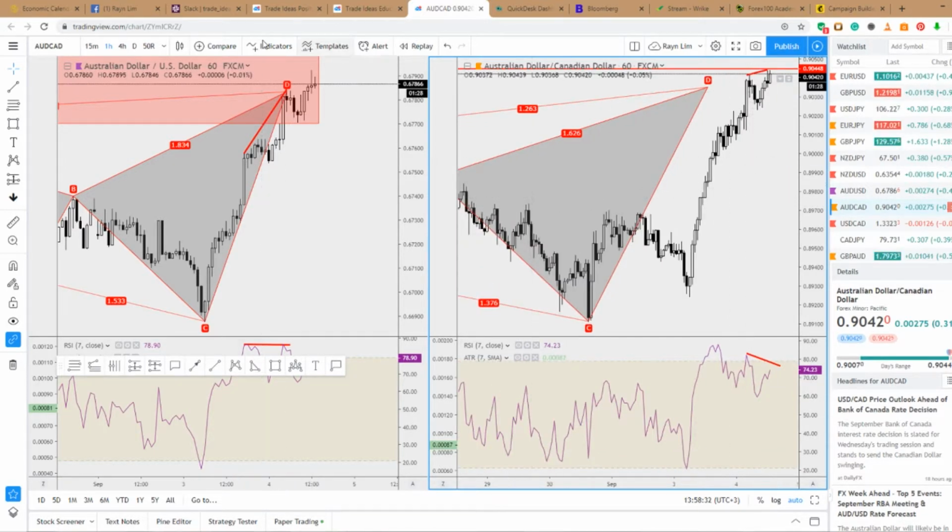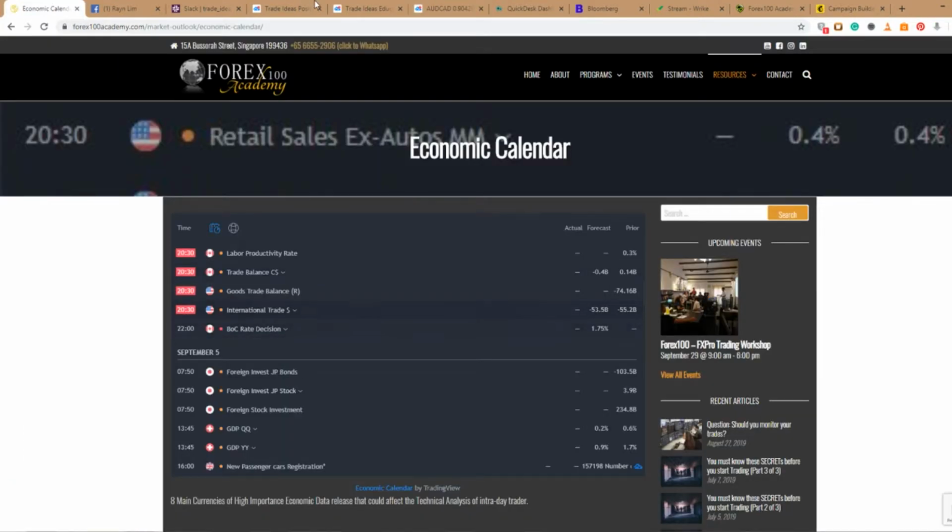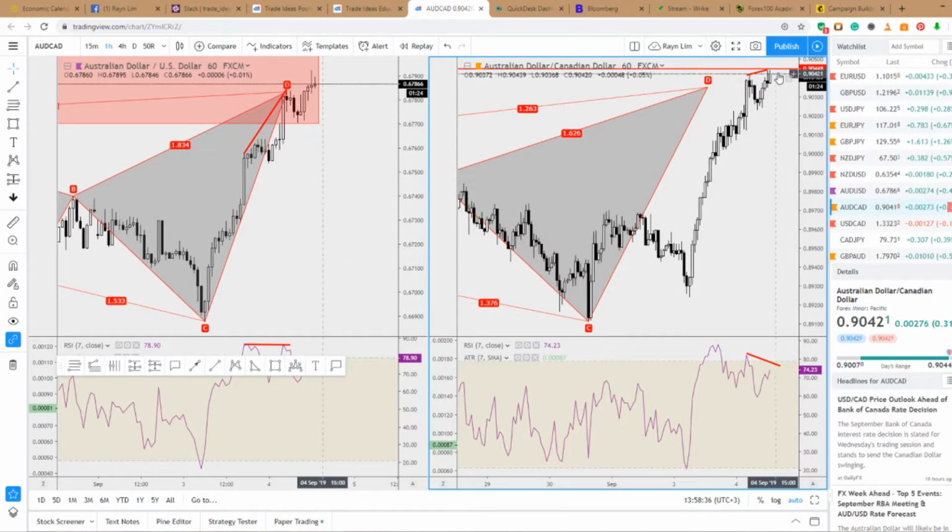Maybe because of this news, it does cause Australia Canada to slide all the way and reach its first target level, which is 100 over pips of profit movement.